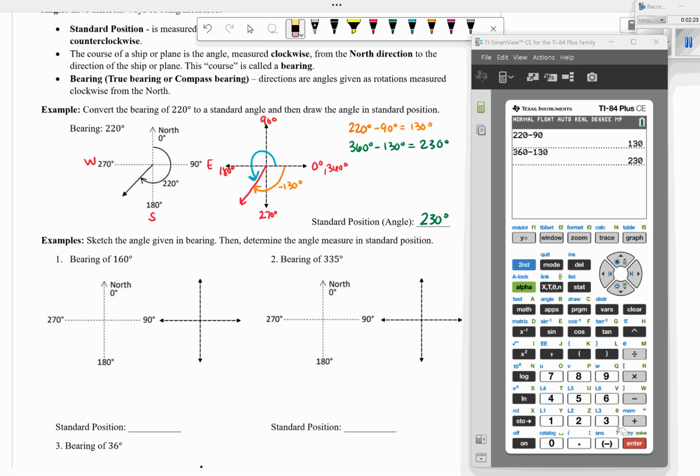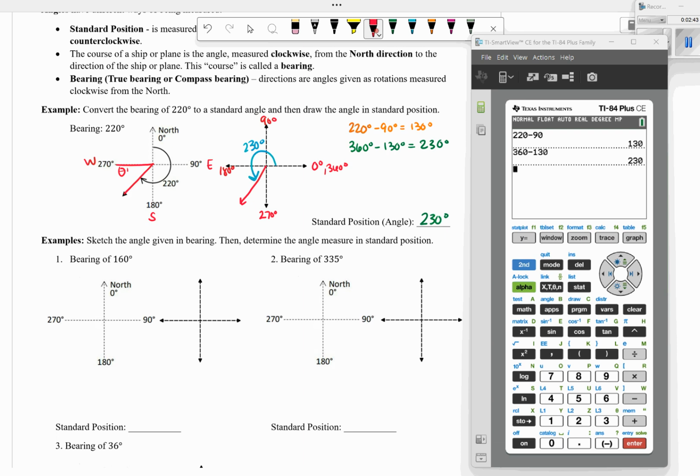We could also use, like I said, reference angles. So if instead I wanted to use a reference angle, remember the reference angle is the positive acute angle made by the terminal side and the shortest angular distance to the x-axis. So this would be the reference angle here, which I'll call theta prime.